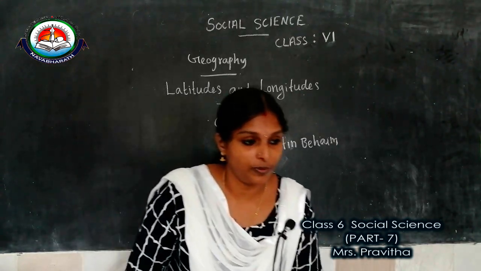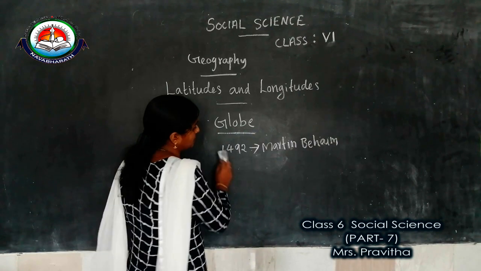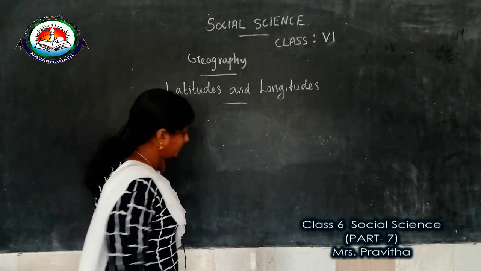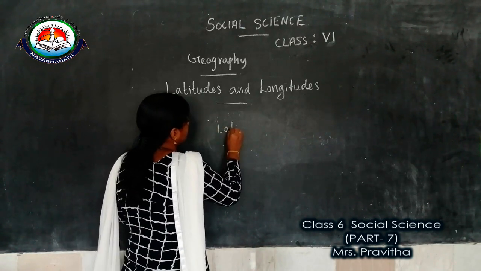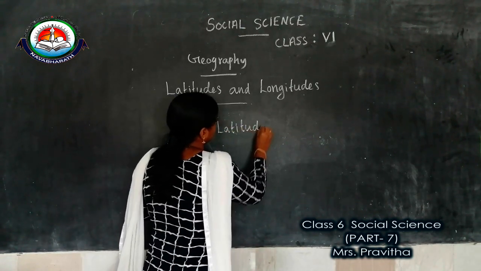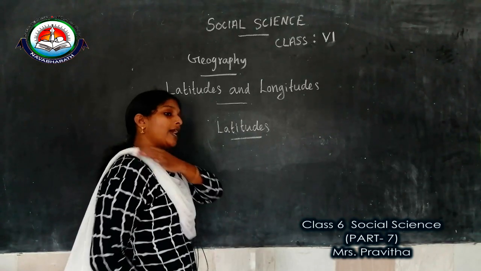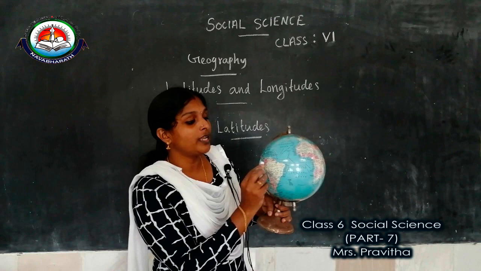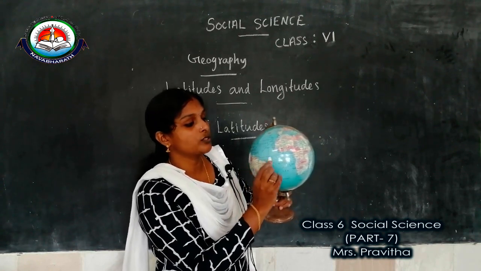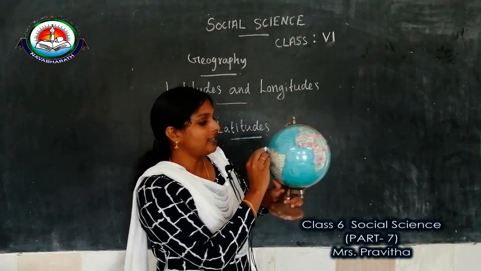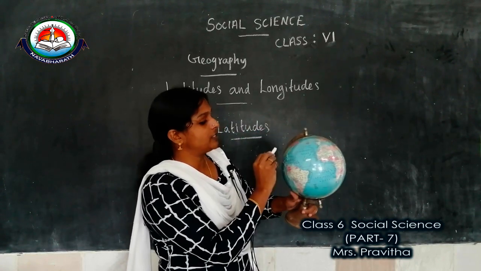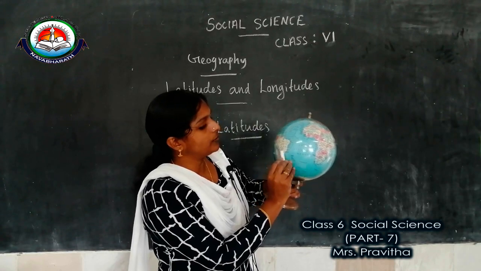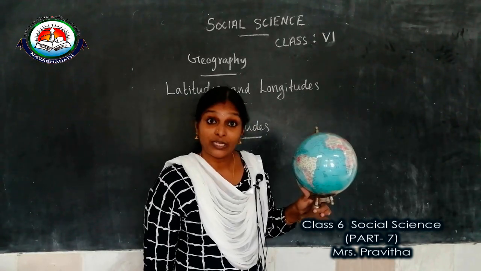Our next topic is latitudes. What is latitudes? Horizontal lines encircled on the globe, children, are known as latitudes.